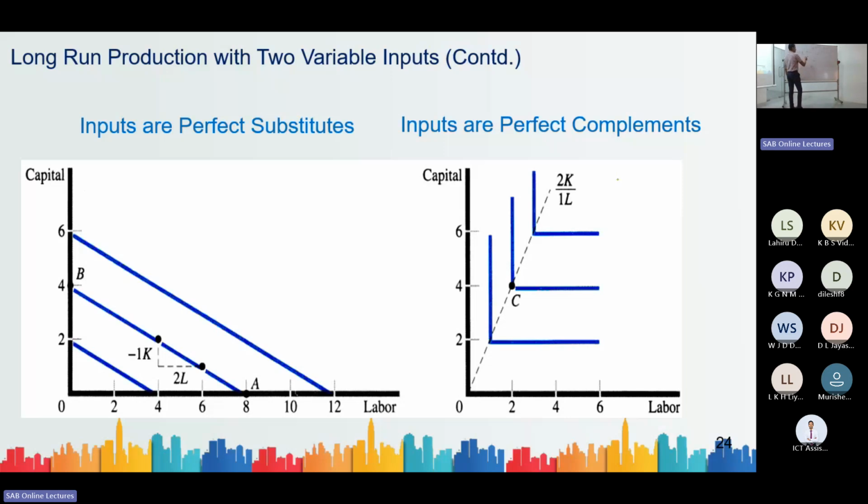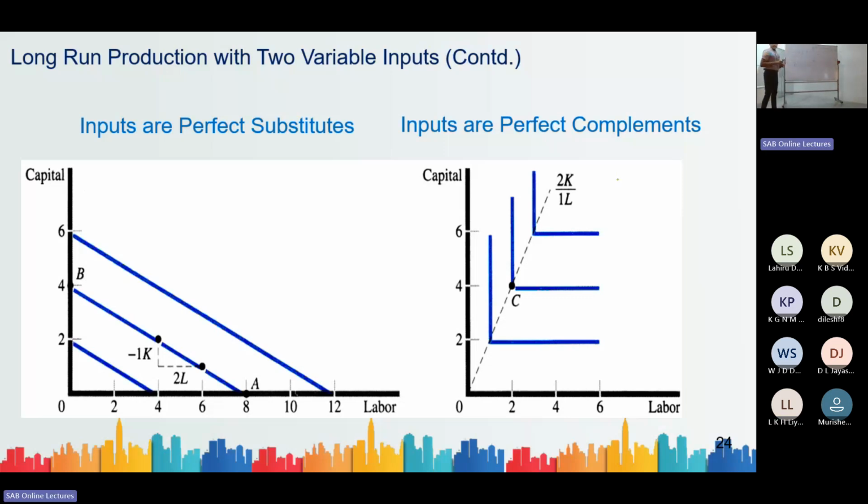Let's assume that currently the firm produces at point B with 10 units of labor and 20 units of capital.